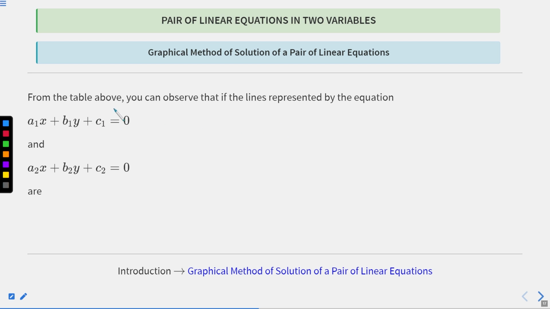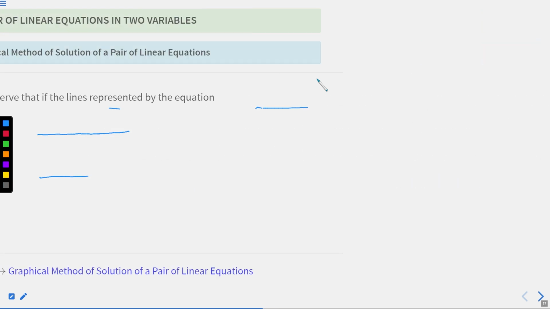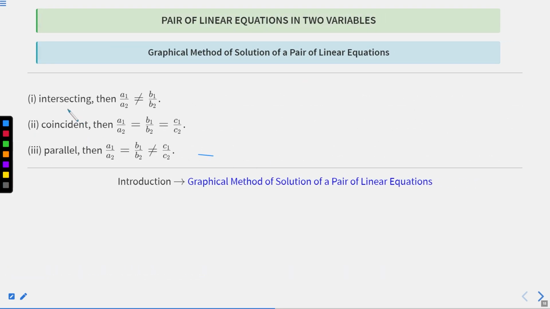Now from the table above you can observe that if the lines represented by the equations a1x plus b1y plus c1 is equal to 0 and a2x plus b2y plus c2 is equal to 0 are intersecting, then a1 by a2 does not equal b1 by b2.